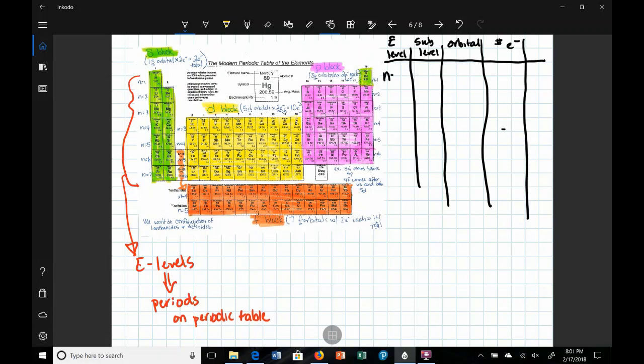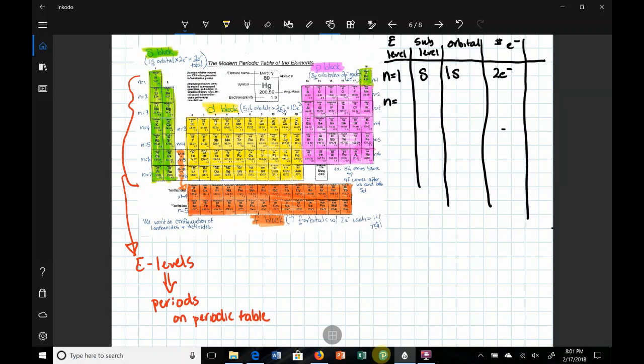All right, on n equals 1, we have one sublevel, it's called an s, and we also have one s orbital, and we can have 2 electrons in that s orbital.